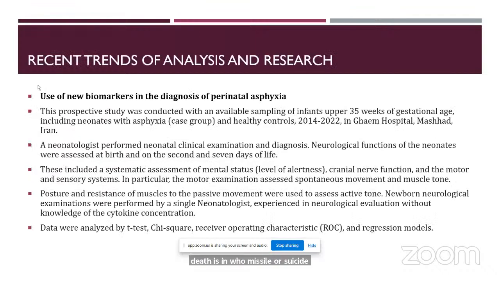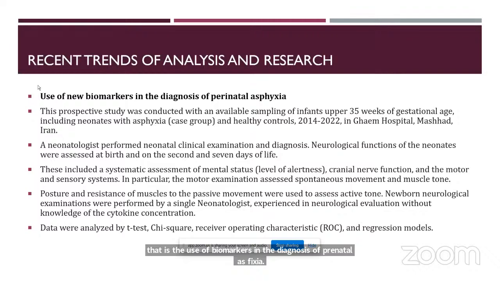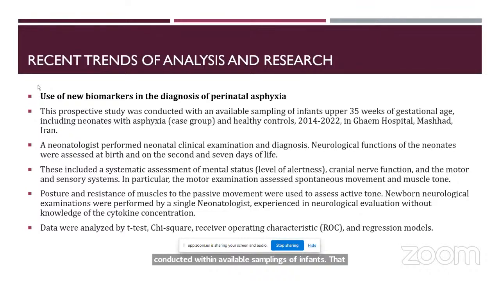Now, there are recent trends of analysis in research, that is, the use of biomarkers in the diagnosis of perinatal asphyxia. This is a prospective study conducted with available samples of infants above 35 weeks. A neonatologist performs a neonatal clinical examination to diagnose this kind of asphyxia and assess neurological function of the neonate. This includes a systematic assessment of mental status as well as cranial nerve function and motor and sensory systems.